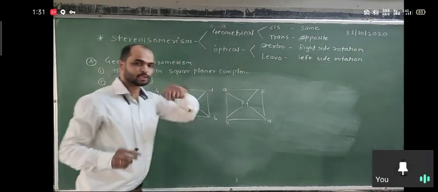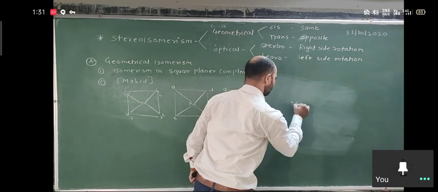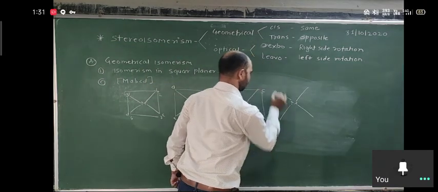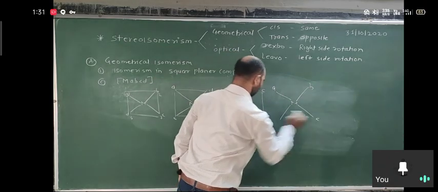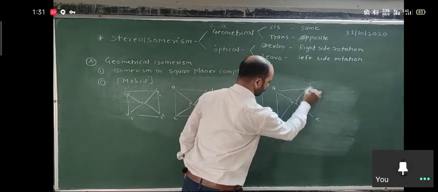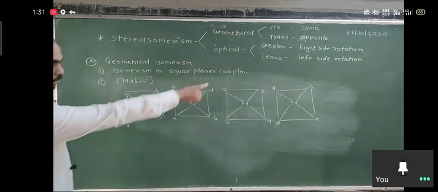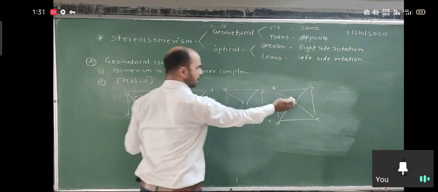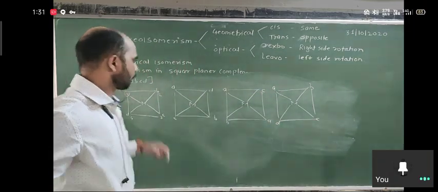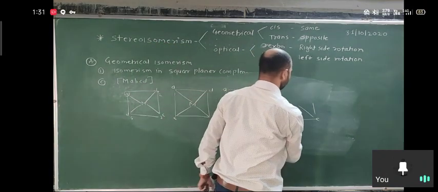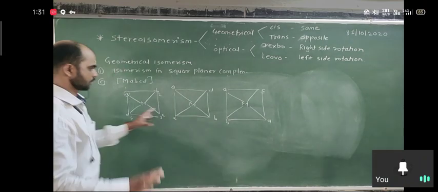If you try another rotation, A held, A is here, again B goes there, C is here, D is here. This is the fourth. If you look, the first and last one are the same, identical. That's why this type of complex shows only three isomers. It only shows three isomers this way.